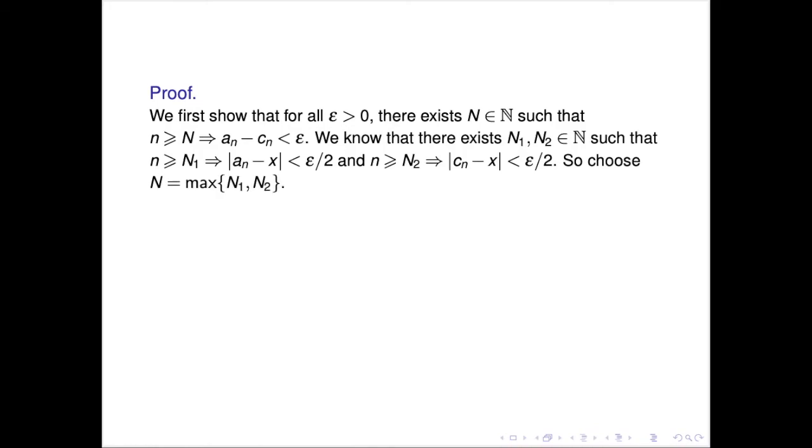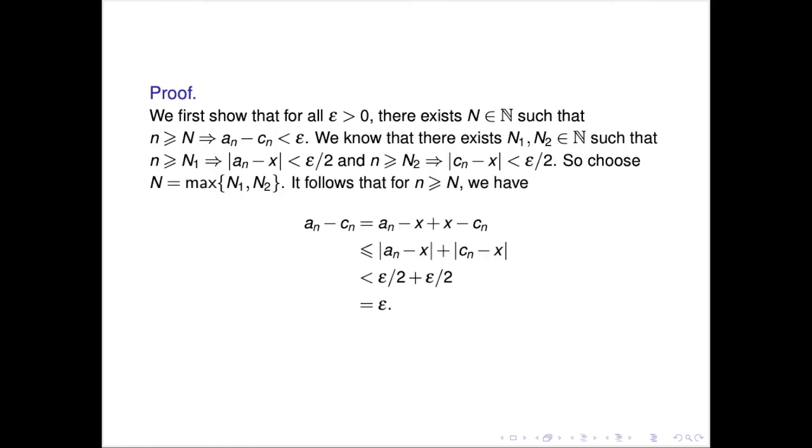So define capital N to be the maximum of capital N1 and capital N2. Then for all little n greater than or equal to capital N, we have that the difference a sub n minus c sub n equals a sub n minus x plus x minus c sub n, which is bounded above by the sum of the modulus of a sub n minus x and the modulus of c sub n minus x, which in turn are both strictly less than epsilon upon 2. And the sum of two lots of epsilon upon 2 gives epsilon.